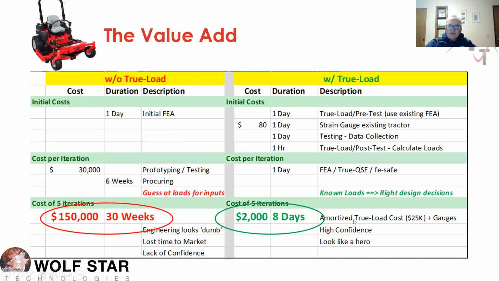But with TrueLoad, we basically did this all in 8 days. And if you amortize the cost of TrueLoad, you're down to $2,000 in 8 days versus 150 grand in 30 weeks. This is really the type of results our customers see, and this is the real value add that TrueLoad brings.